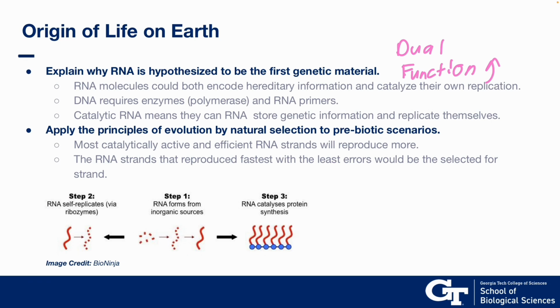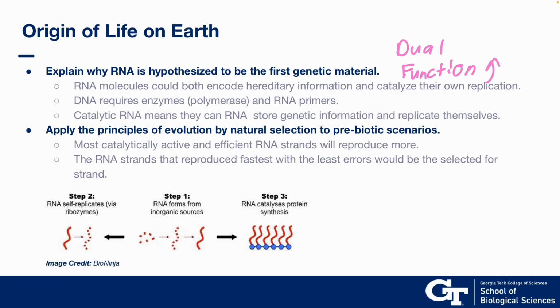When we replicate DNA today, we have to have enzymes, and we have to have something called a primer. You'll learn about this again in the biochemistry unit. But RNA does not need any extra enzymes because it itself is an enzyme. And because it's catalytic, it means it can not only store genetic information, but it can replicate itself. So that just gave it, again, a selective advantage all the way back then that made it more favorable.